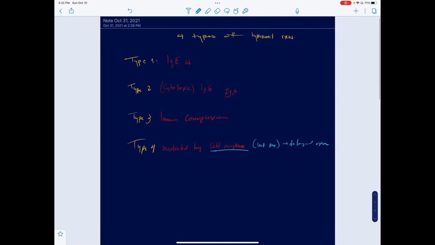An easy way to remember it is that the letter E comes before G and M. So number 1, just type E, or IgE I should say, type 1, is mediated by something that comes before IgG or IgM. IgG or IgM, there's two, so type 2 reactions.